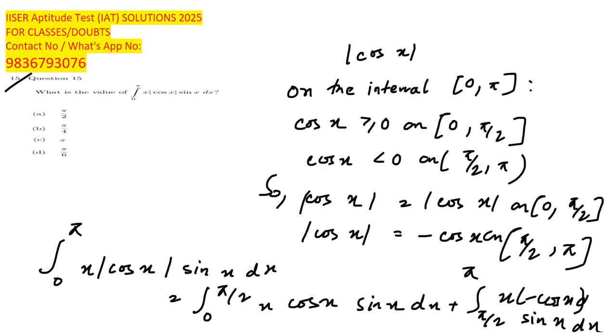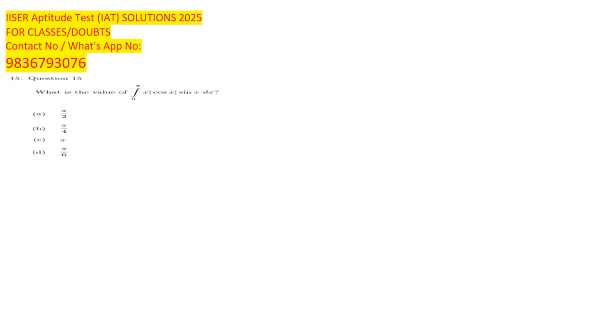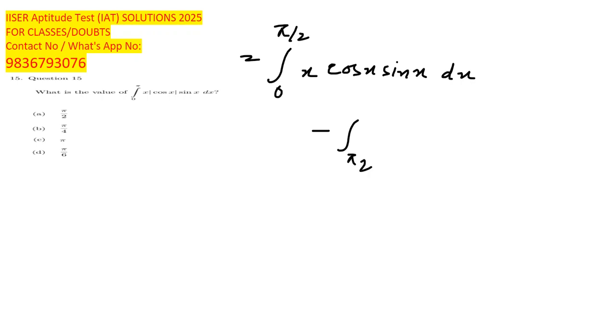So that is equal to integral 0 to pi by 2 x cos x sin x dx minus integral pi by 2 to pi x cos x sin x dx.